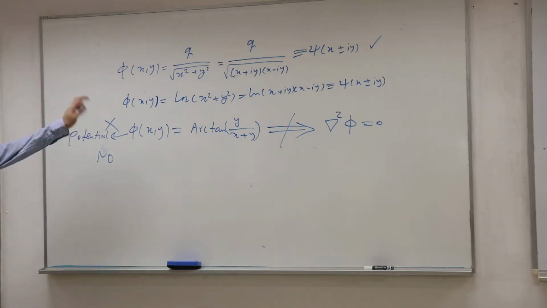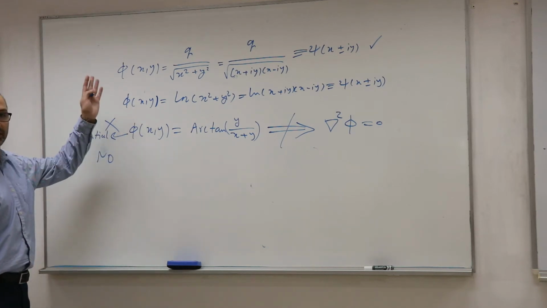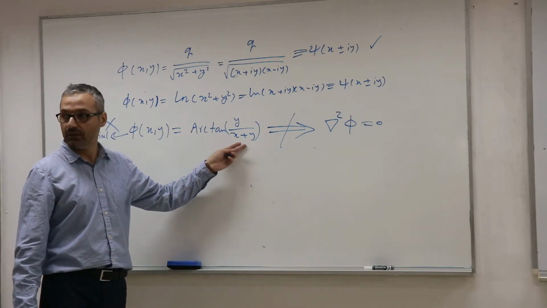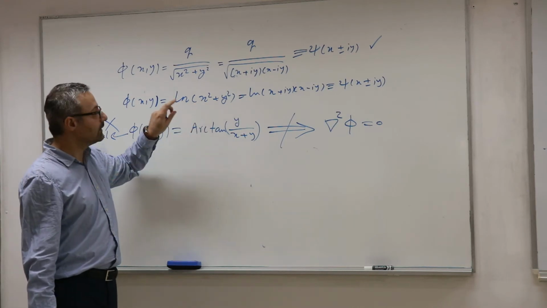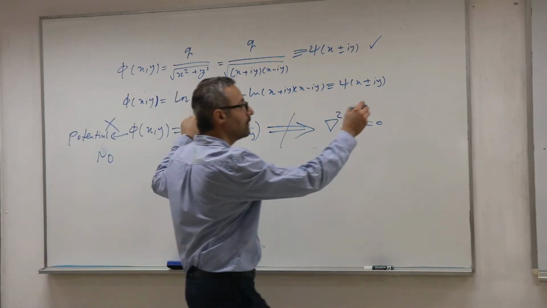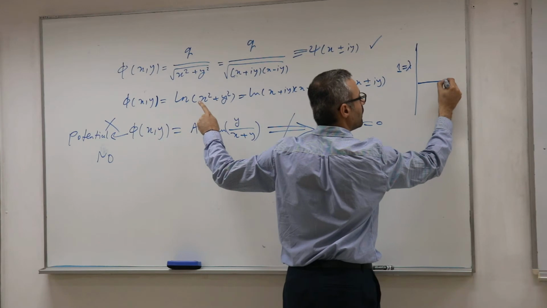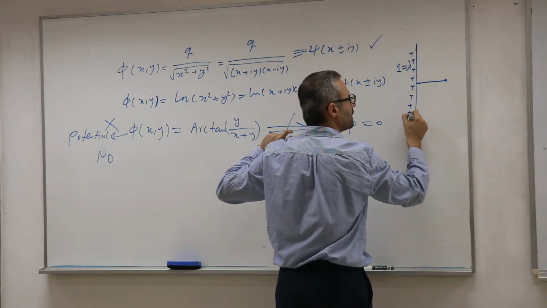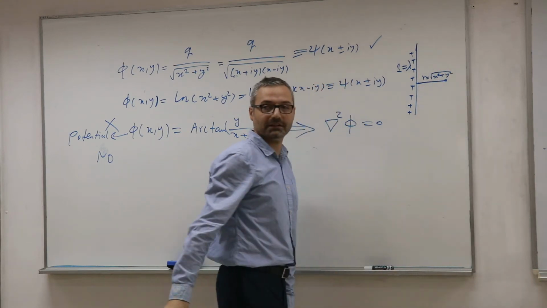So it can be any function, but I cannot call it a potential. It's just a function. You can take a derivative of that. There is no physical meaning for this function, but this one has a meaning. This is actually the potential of one long wire charge at the distance radical x squared plus y squared.